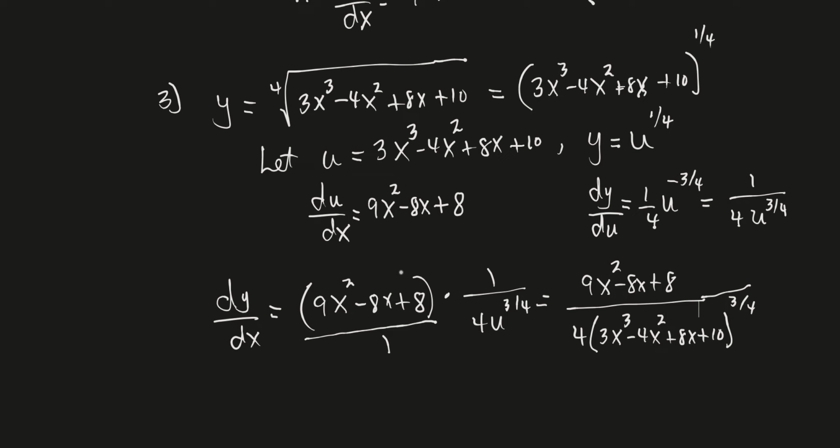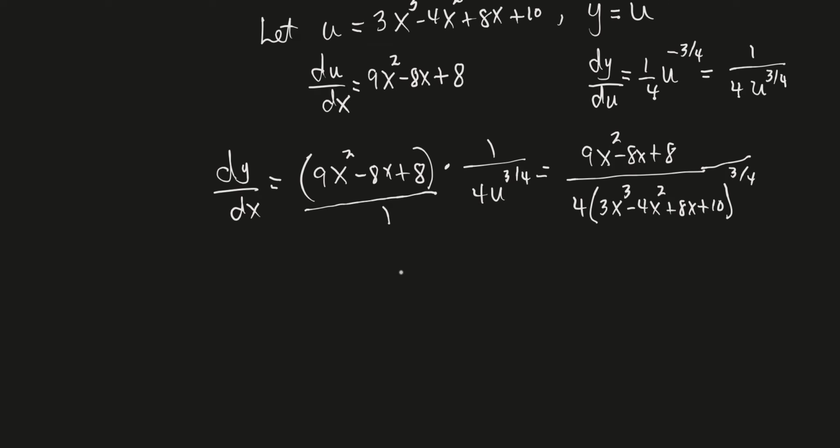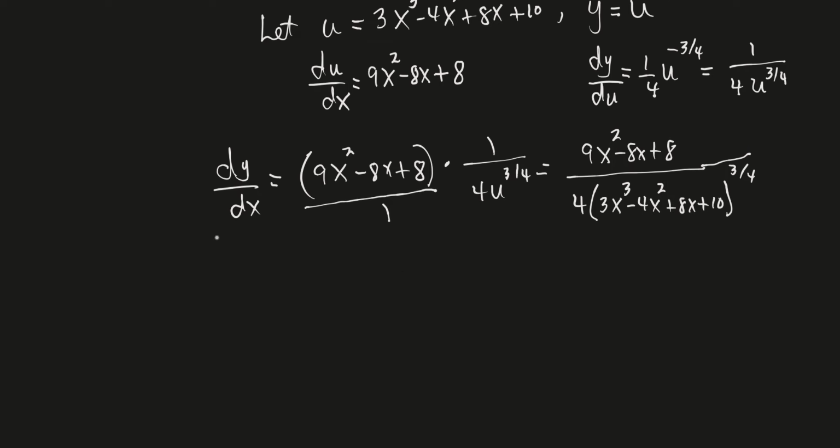Now, I'm going to write the final answer in one alternative form, just so you can see what it looks like if I were to go back and write this as a root. So here is the derivative of our original function in terms of x. In the numerator, we'll have the 9x squared minus 8x plus 8.